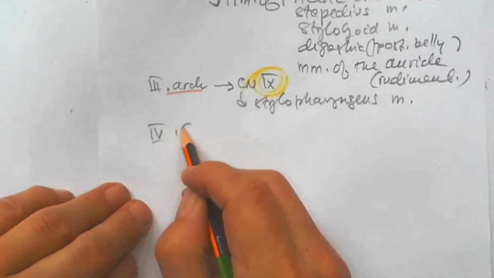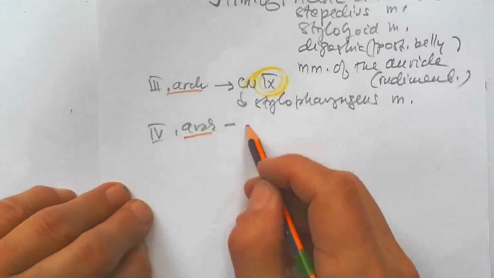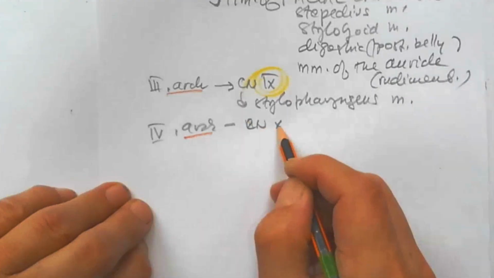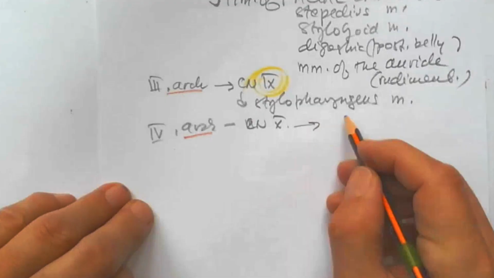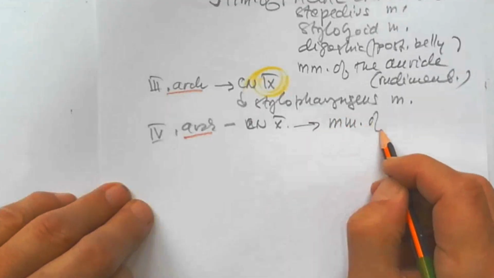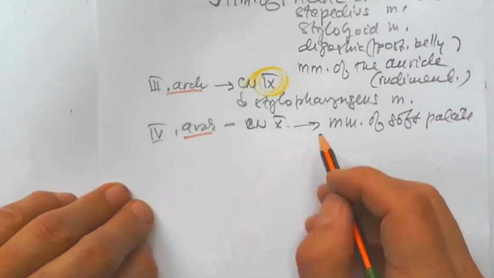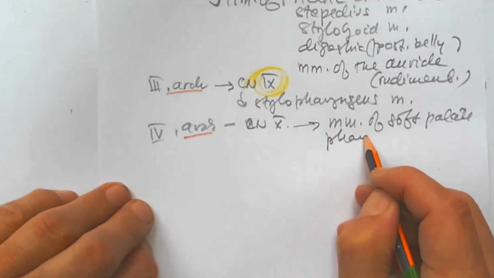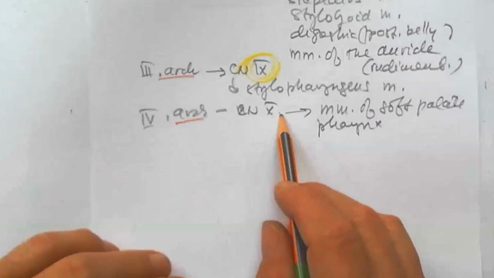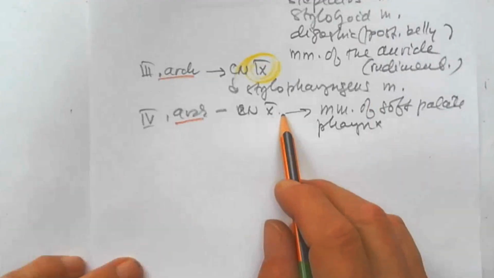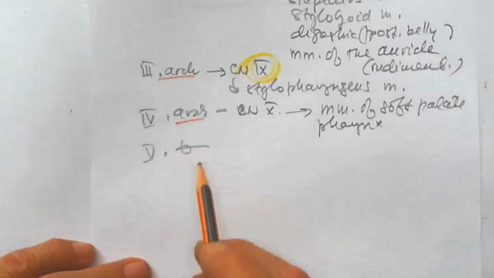The 4th arch, also without a specific name, is connected with the cranial nerve number 10, vagus, and this nerve innervates the muscles of the soft palate, and also the pharynx, because there is the complex of the plexus together with the nerve number 9. Number 5 disappeared, nothing.